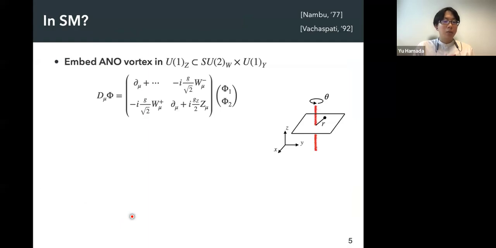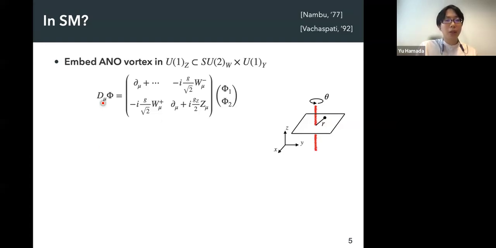Then you may think: can we consider a similar object in the standard model? Because the standard model is in some sense a superconducting state, a superconducting material. SU2 times U1 symmetry is broken into U1 electromagnetic symmetry, so it's a kind of superconducting object. Then the problem is whether we can consider a similar object in the standard model.